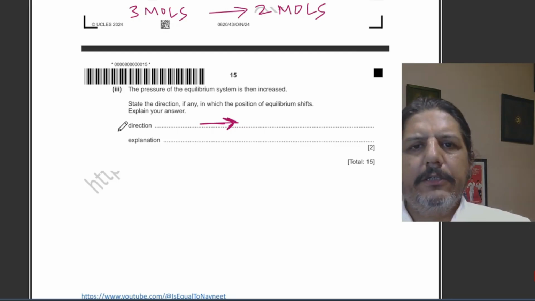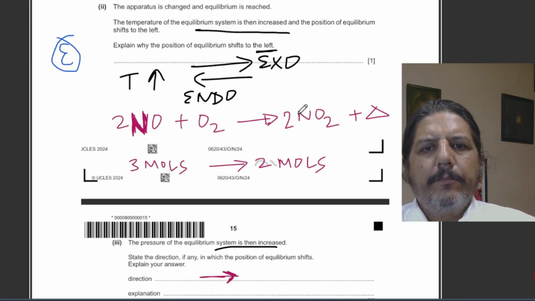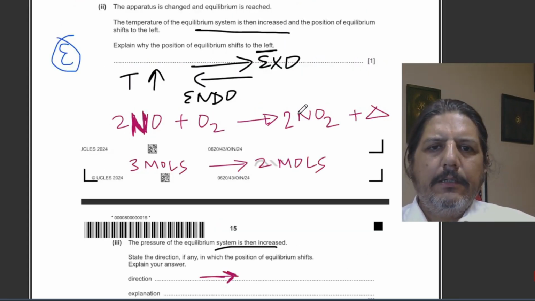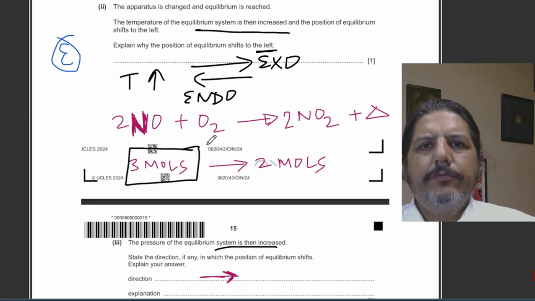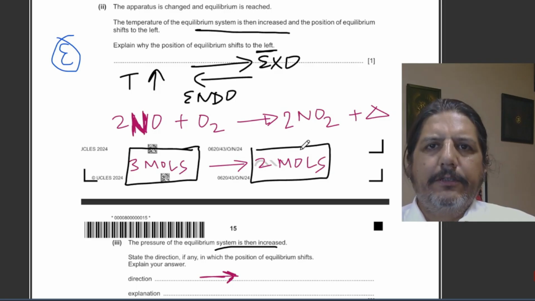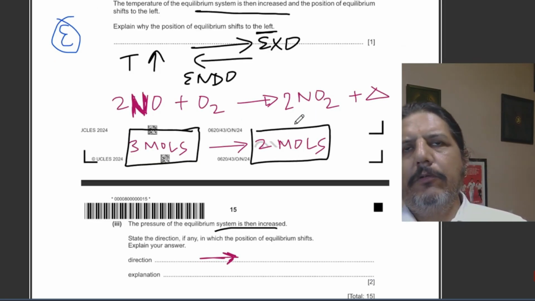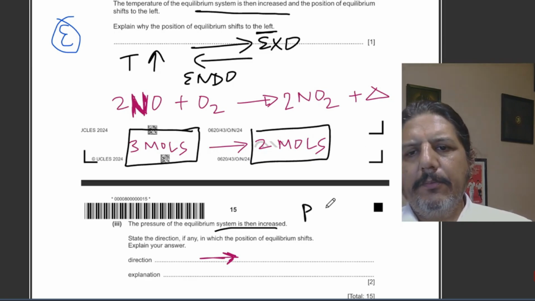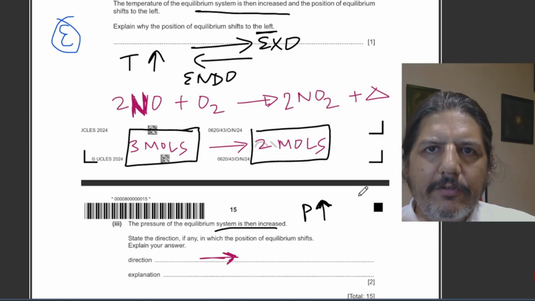The next question is: pressure of the equilibrium system is then increased. Now, if you look at the reaction, you have 3 moles of reactants and 2 moles of products. So if you increase the pressure, the equilibrium wants to oppose this increase of pressure.